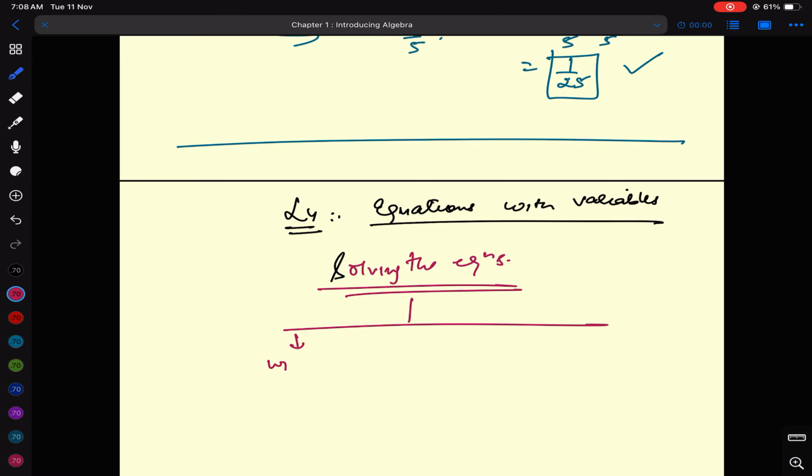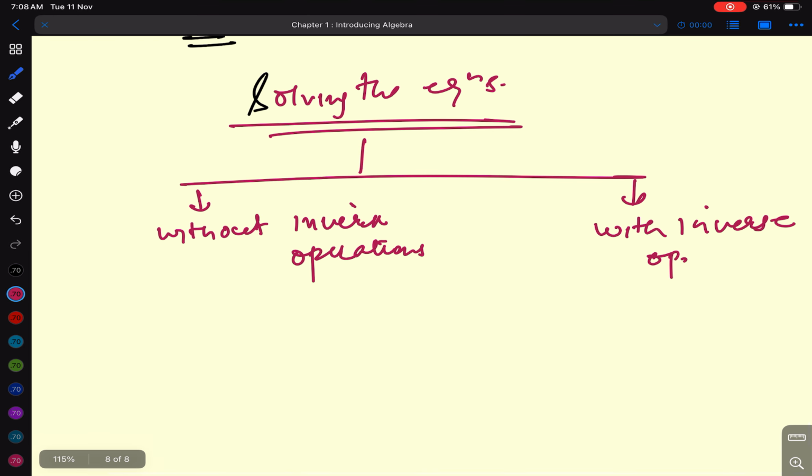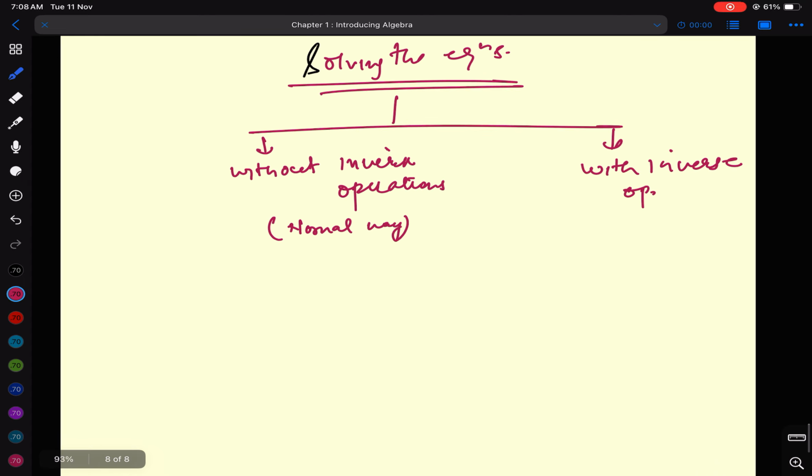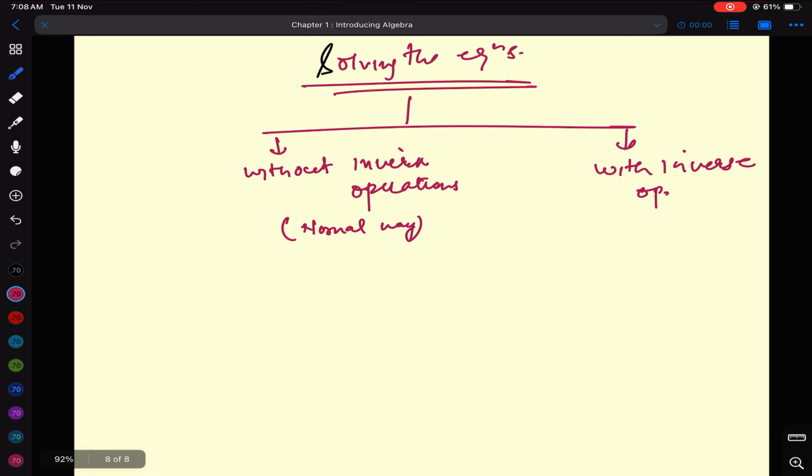There will be 2 different scenarios. One is without the inverse operations. I'll come to what inverse operations are in a minute. So here we'll be solving the equations in 2 situations, one without inverse operations and one with inverse operations. When I say without inverse operations, that means the normal way we solve the equations. And with inverse operations, obviously that is going to involve the inverse operations.